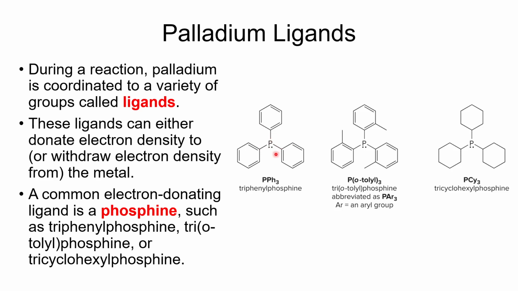We've got a variety of triphenylphosphine called triorthotolylphosphine, and it's got an extra methyl on there. It does make it a little bit more sterically hindered. And then here we've got tricyclohexylphosphine, which is this. All of these are good electron donating ligands, but there are other ligands that are electron withdrawing ligands.